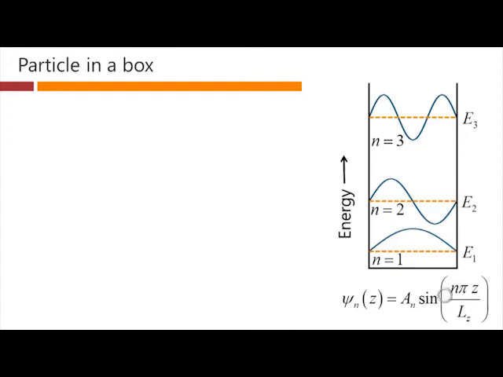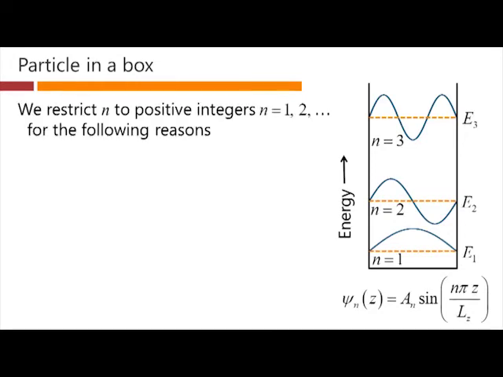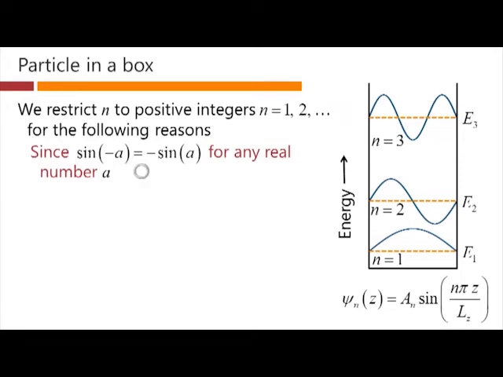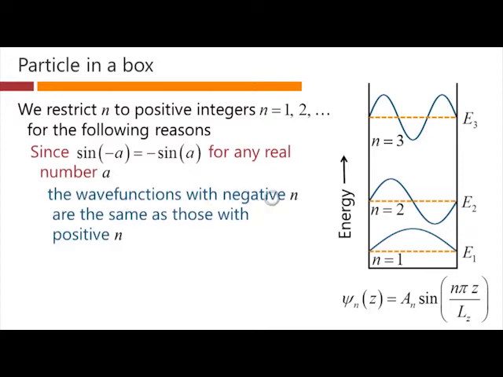Now, let's look a little bit at this wave function here. We can deduce something about these values n beyond what we've said so far. We can restrict n to being only a positive integer, not 0, but starting at 1, 2, and so on, for the following reasons. Sine of minus a is just equal to minus sine of a for any real number a in here. So wave functions with negative n are essentially the same as those with positive n.